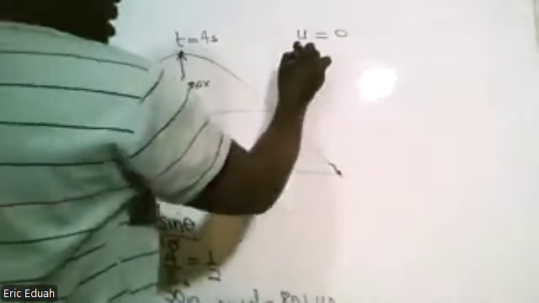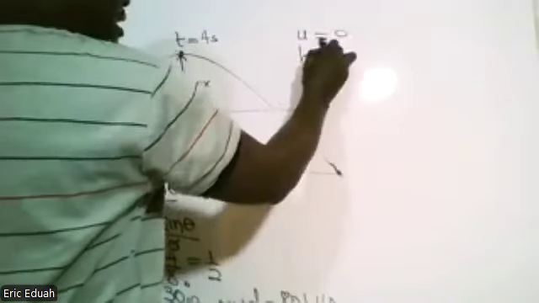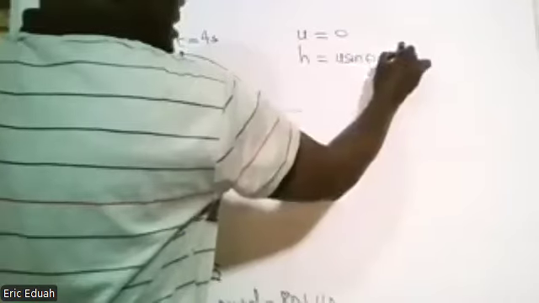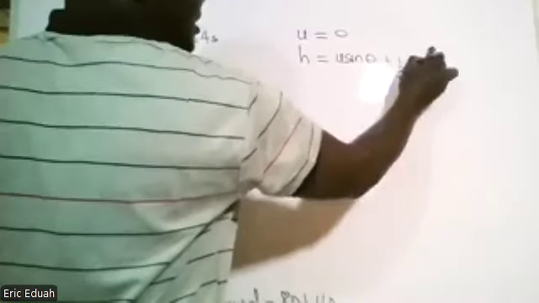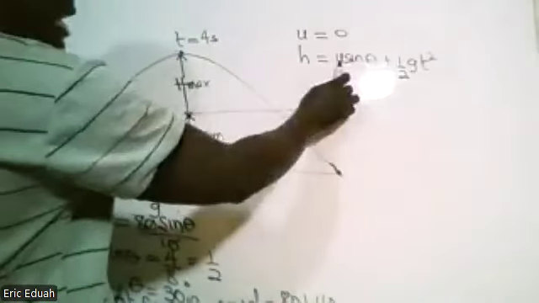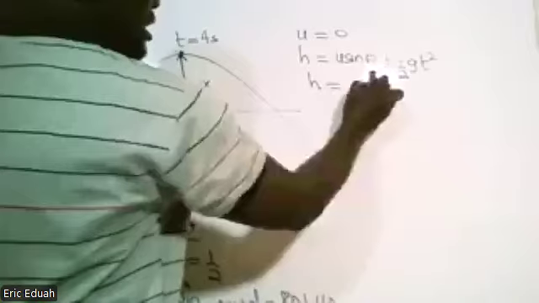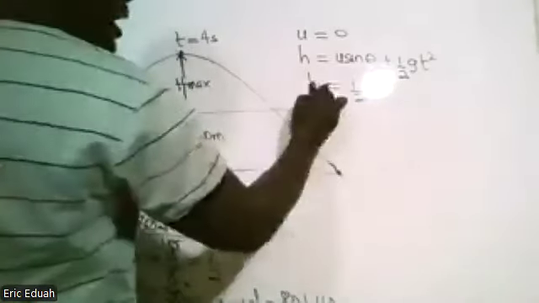So using h = u sin theta t + (1/2) g t squared, u is 0 because the body is free falling when it is dropping from the maximum height to the ground. So if u is 0, then h would be equal to half g t squared. What is h? h is this height from the maximum height to the ground, which is 120.